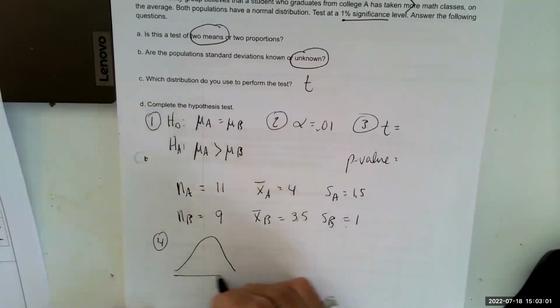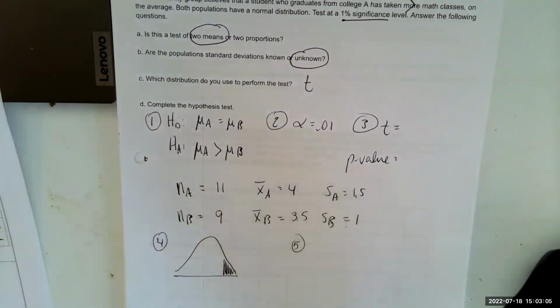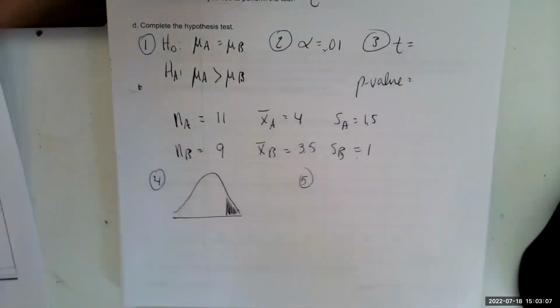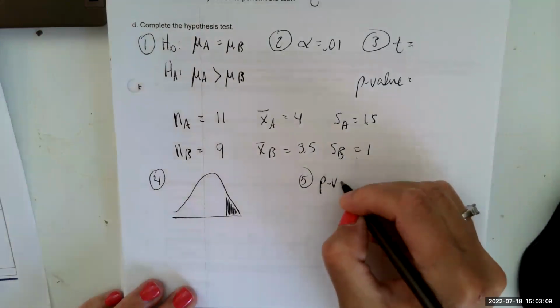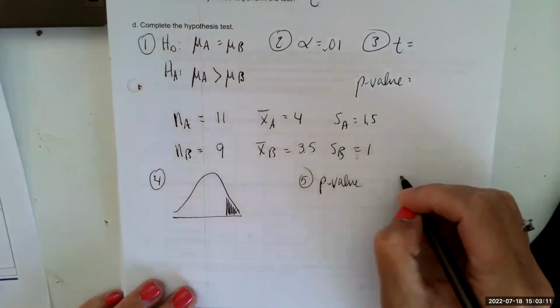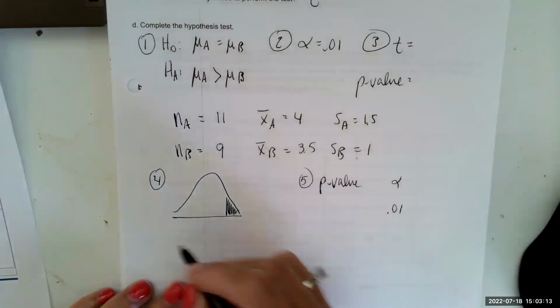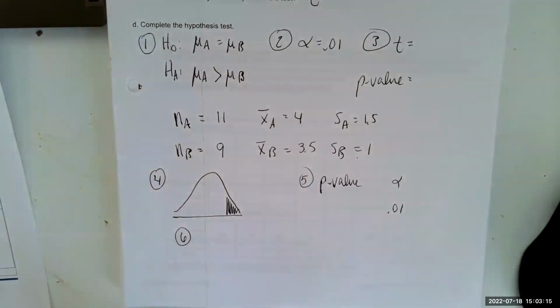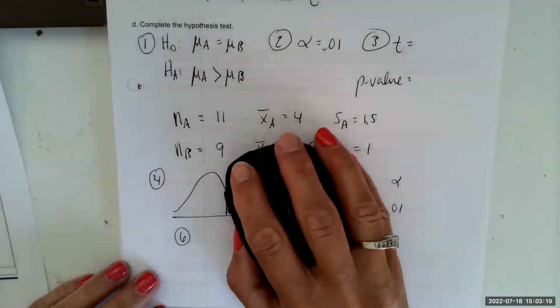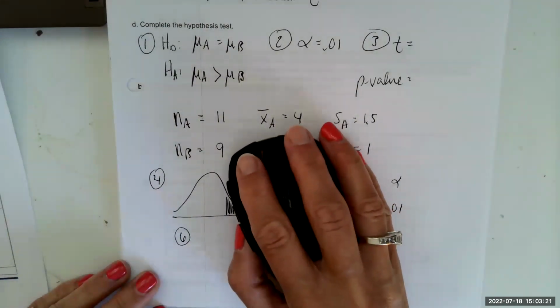So we're going to color in our picture. Again, this is a greater than. And then once we get our p-value, we can compare our p-value to our alpha of 0.01, and then draw the conclusion. So let's go back to Desmos and enter this information here.